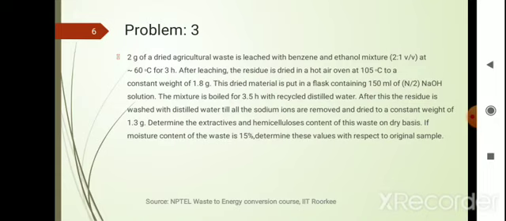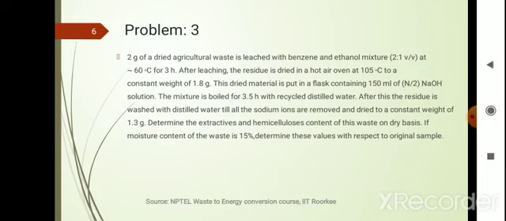So there are only two procedures. First, we are determining the extractives by leaching it with benzene and ethanol mixture and then hot air oven drying. The mass is reduced. So with the help of those two, initial mass and final mass, we can find out extractives. Then in the second step, the residue after the first step goes through a process with sodium hydroxide solution, then washing with distilled water and removing sodium ions.